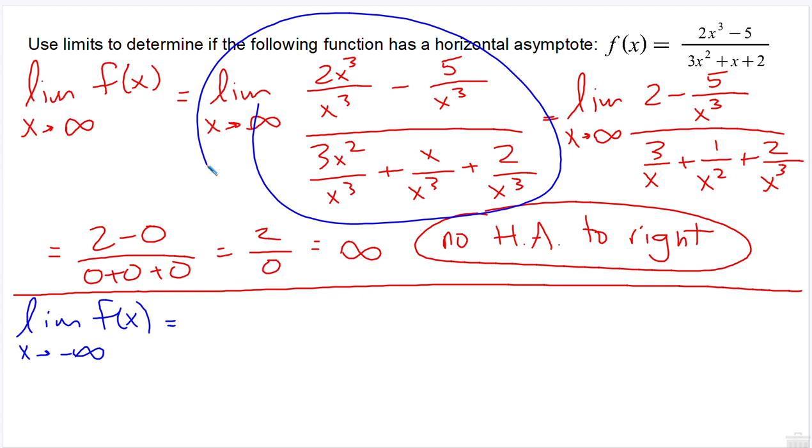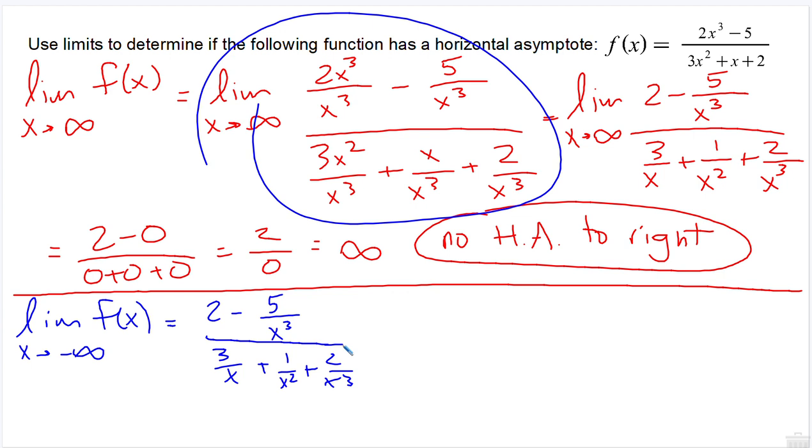I know I'm dividing everything by x cubed, so I still get the limit as x approaches negative infinity of 2 minus 5 over x cubed, and then over 3 over x is what we got there, plus 1 over x squared plus 2 over x cubed.